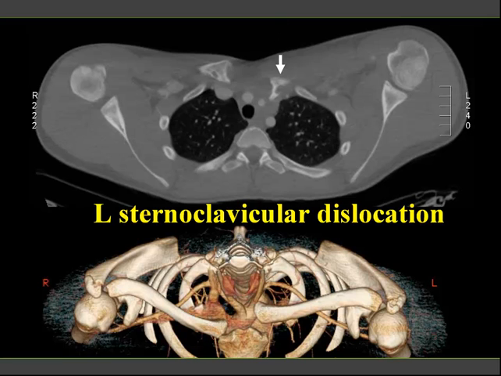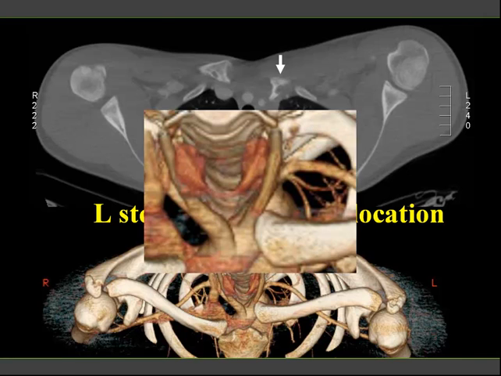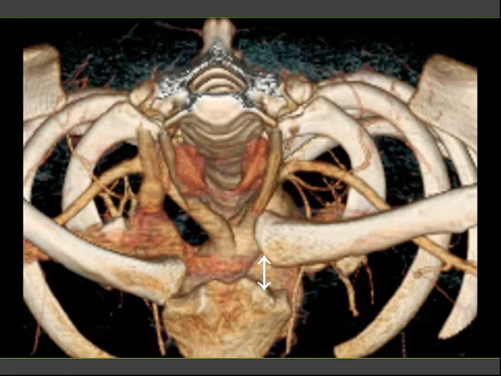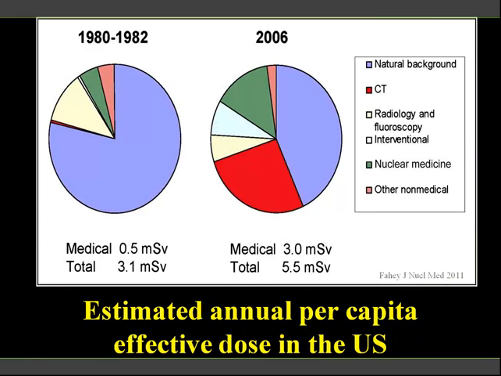What is shown here is a left-sided sternoclavicular dislocation, as you can see in this volume rendition. This image is acquired very quickly in the trauma room without the need to move the patient from location to location, and very useful imaging information is acquired very quickly.